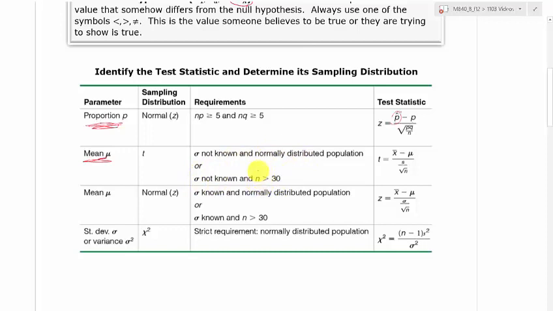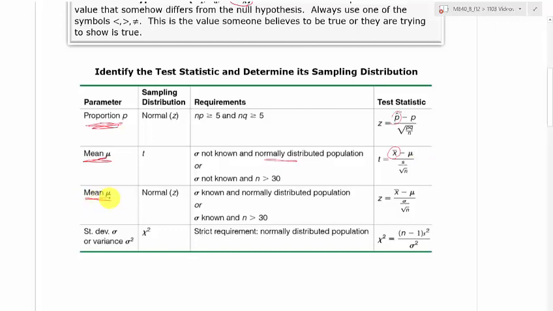If n is greater than 30, then it doesn't matter what population you're from, but if you have n that's less than 30, then it has to be coming from a normal distribution. So the statistic here is x bar minus mu divided by s over the square root of n. Again, x bar is from your experiment. Also the s in the denominator is coming from your experiment as well.